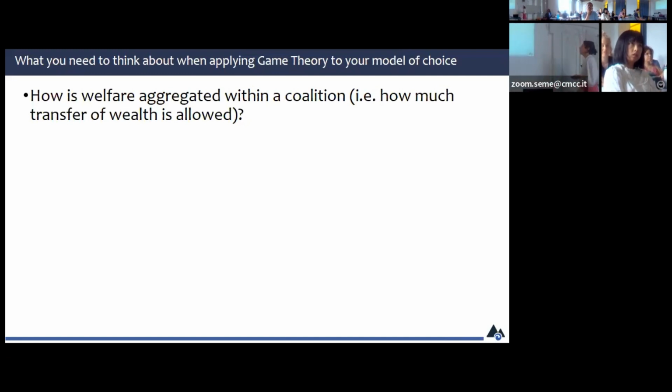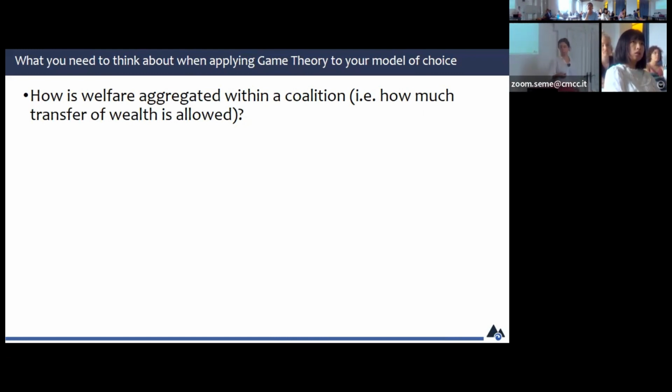So what is it that you have to think about when you go home and do all the work that is needed for the Nature Climate Change paper? First, you think about how you aggregate welfare within the coalition. So how much transfer of wealth is allowed and what is the ethical basis of this transfer? You want to think about that.